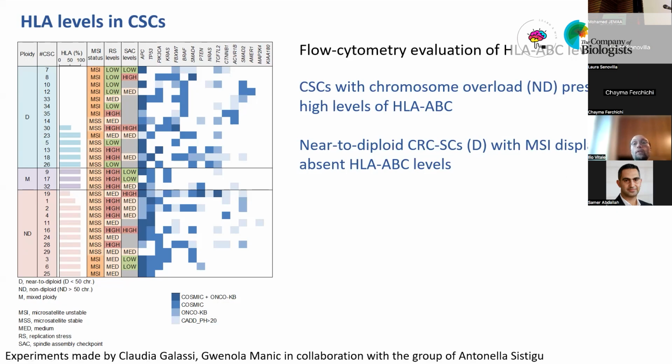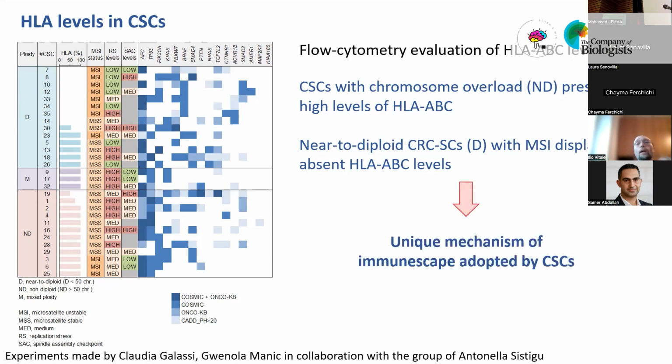It's very interesting considering that this subset is considered for an immunotherapeutic strategy with the immune checkpoint blockers. So we uncovered this unique mechanism of cancer stem cells in our patient-derived models, which is related to the fact that these cells have a low immunovisibility to the immune system.